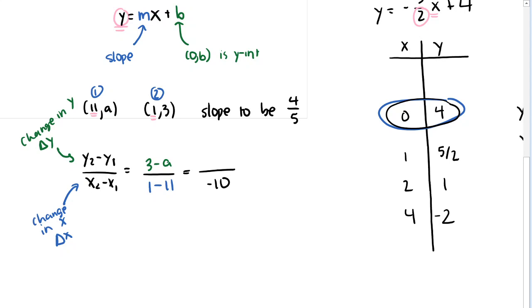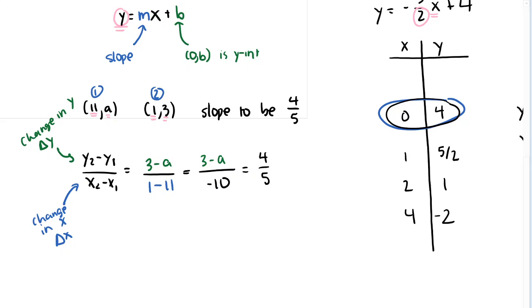So that difference of the ending x value minus the starting x value tells us our change in x. And we can apply that same idea to our change in y. If we take our ending y value and subtract away our starting y value, we'll have our change in y.